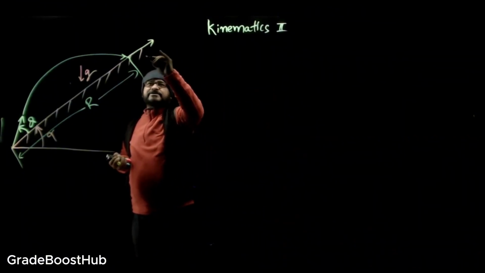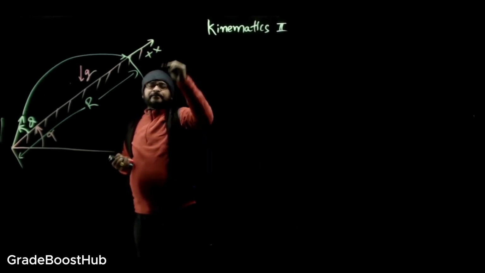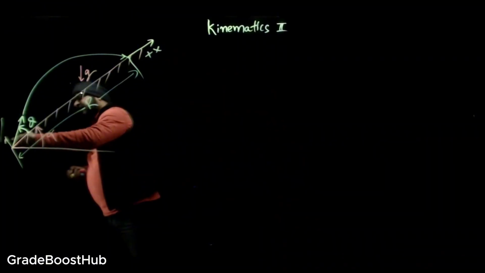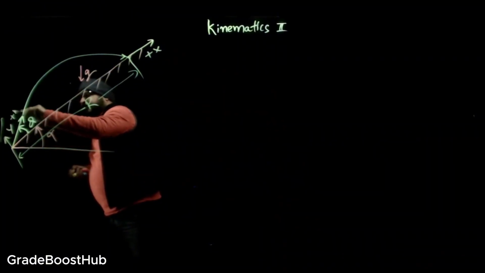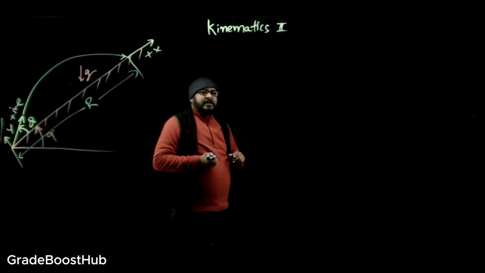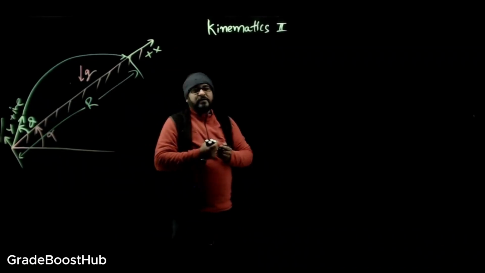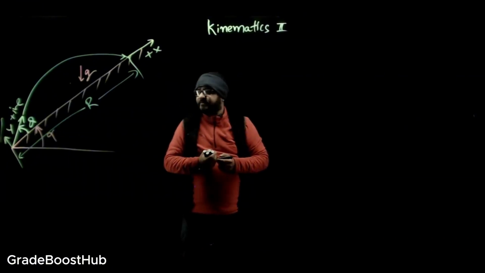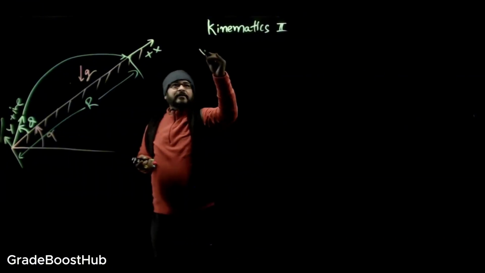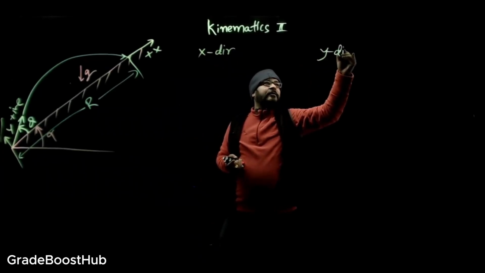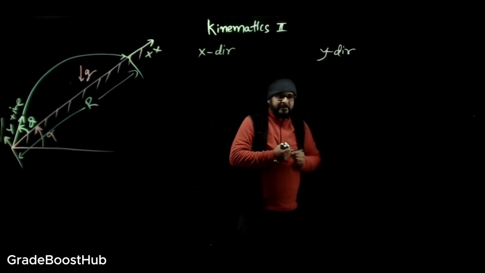So we can take this direction as plus x direction and this direction perpendicular to this wedge as y positive direction, right? Now you have to just twist a bit. You will have again the x direction and the y direction, right?